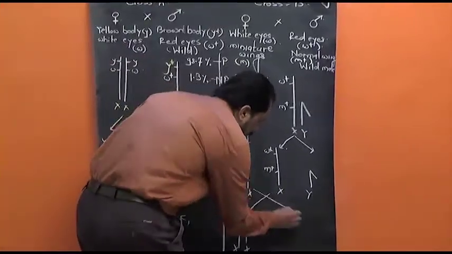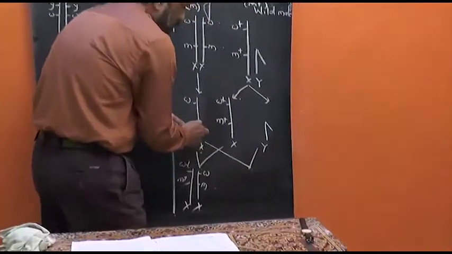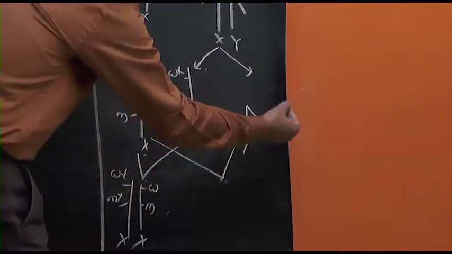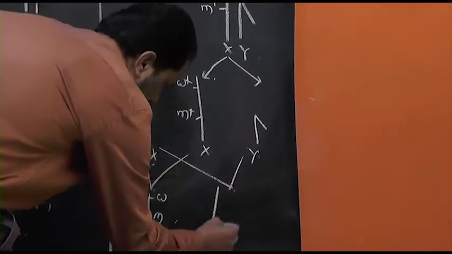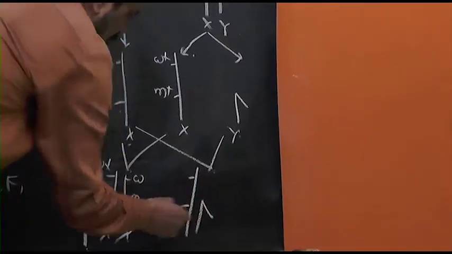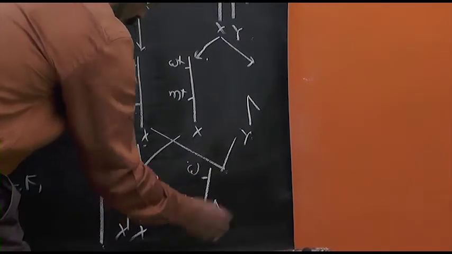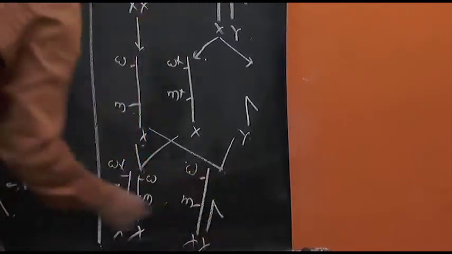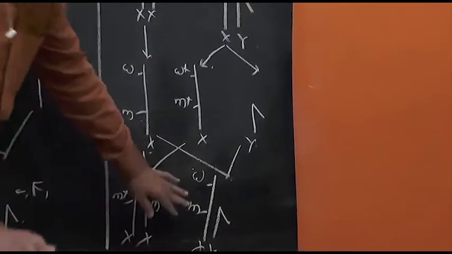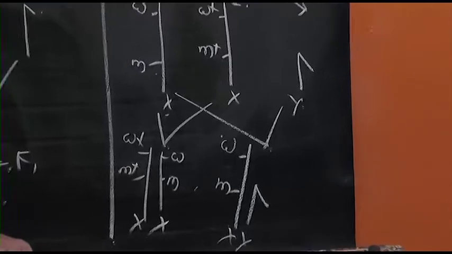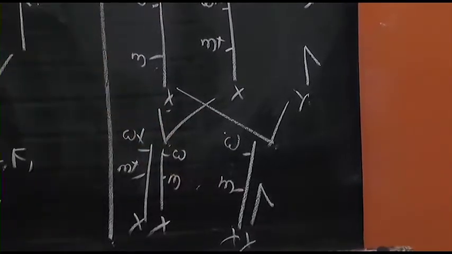Why? When the X chromosome, that is one female gamete, unites with another male gamete with the Y chromosome, then its genotype is WM. There is no question of allele. So here, this male individual is with white eyes and miniature wings.